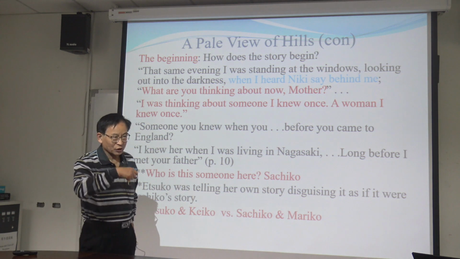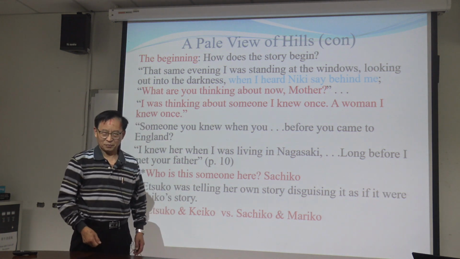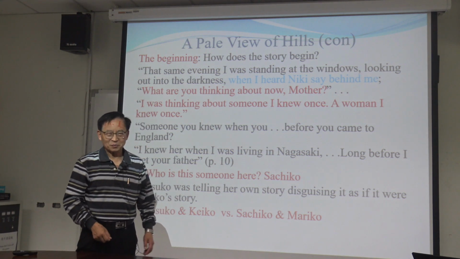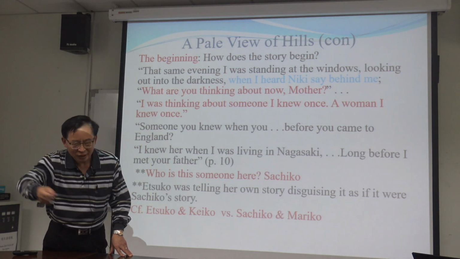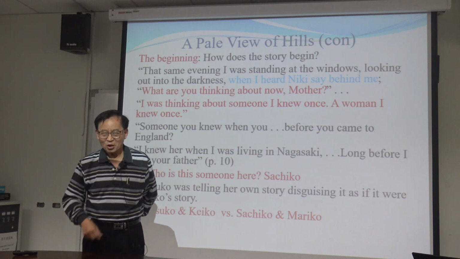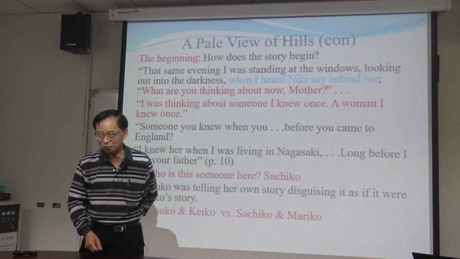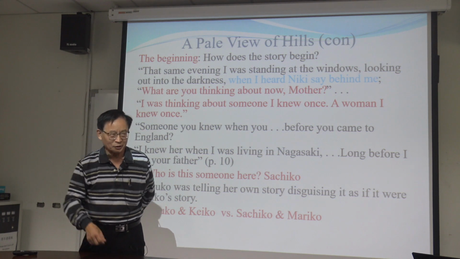So Etsuko is the storyteller. Etsuko tells the story. But if you want to tell a story, you need to have an audience. You need to have a reader. Imagine who is the audience, who is the reader. Of course, Niki. Niki is the listener, the reader of the story.